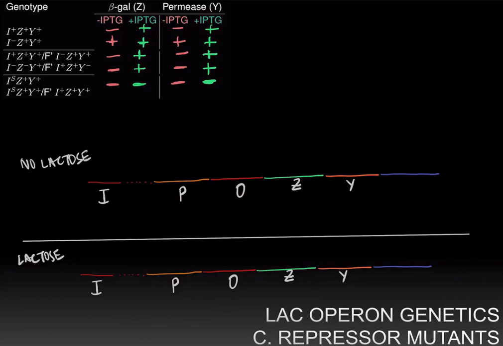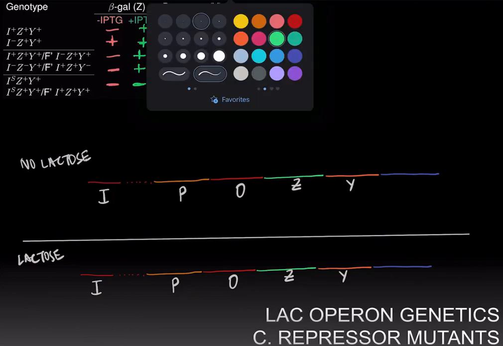And this IS mutant provided evidence for the allosteric transition that the repressor undergoes when lactose is present, because evidently the repressor is acting as if there were no lactose, even though lactose is present. And let's see how that might work mechanistically.